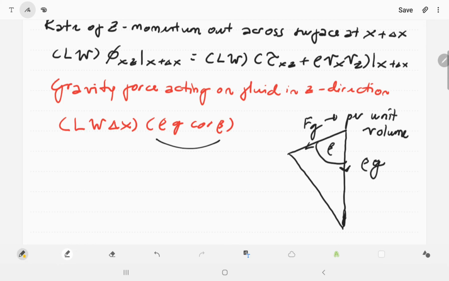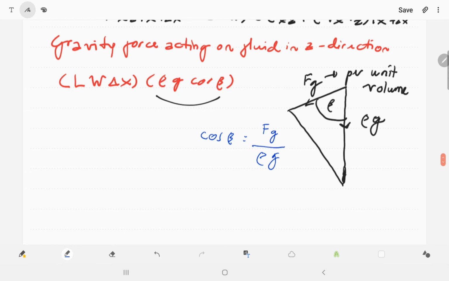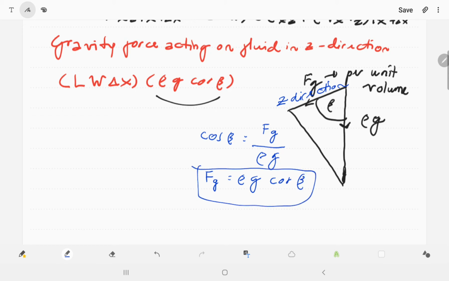You go into your trigonometry, then you will know that cos beta is this Fg divided by rho g. Then you can get this Fg, the force of gravity in the z direction, which will be equal to rho g cos beta. So this is where this term, rho g cos beta, came from.